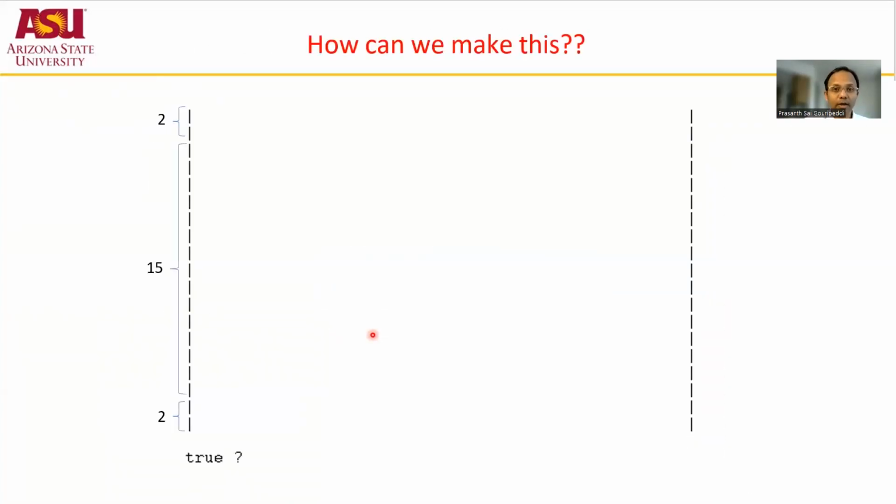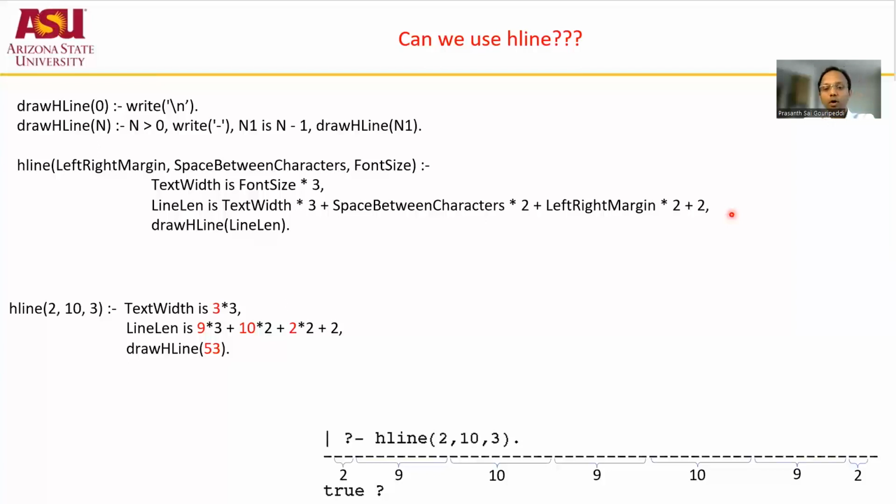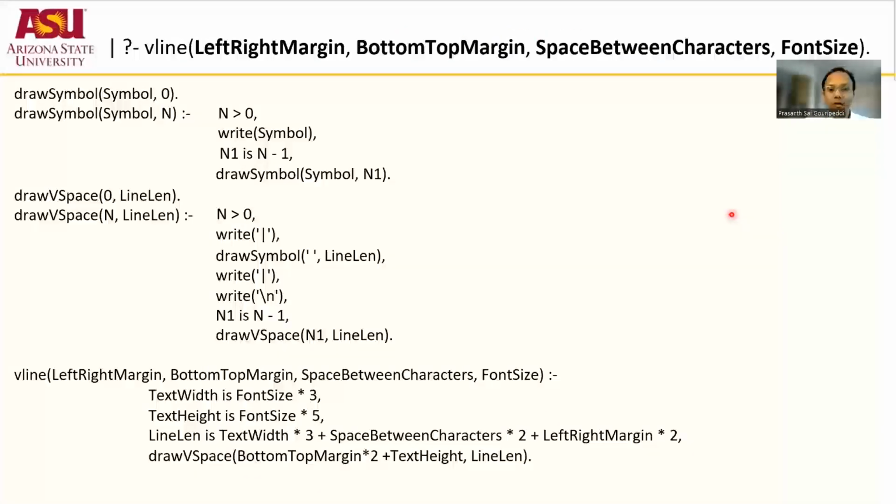Now, utilizing your knowledge from horizontal line, can you draw the two vertical lines? This should be quite simple for you, given what a vertical line would do and what a horizontal line would do. The code for this would look something like this, where you put in spaces for the line width with type symbols on either side and a new line character.